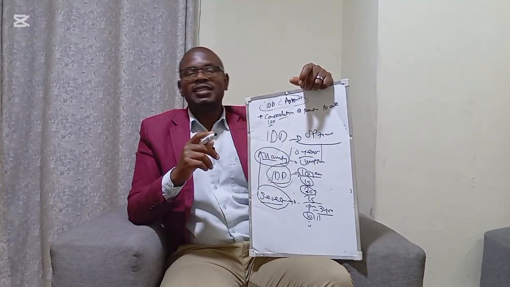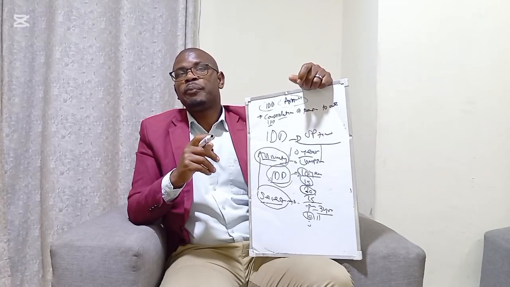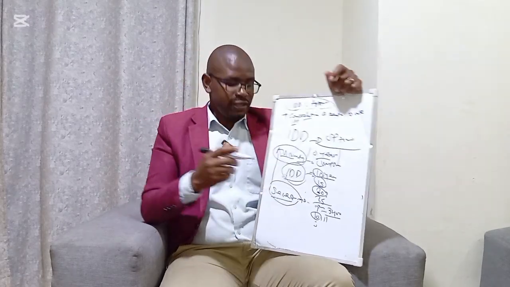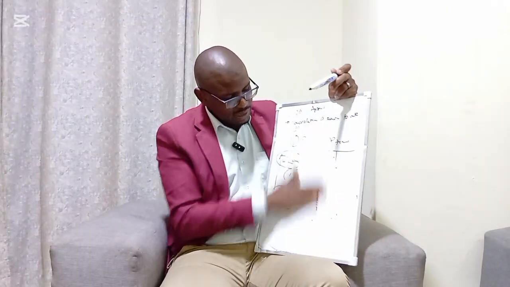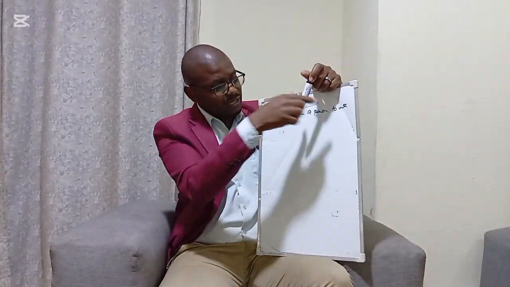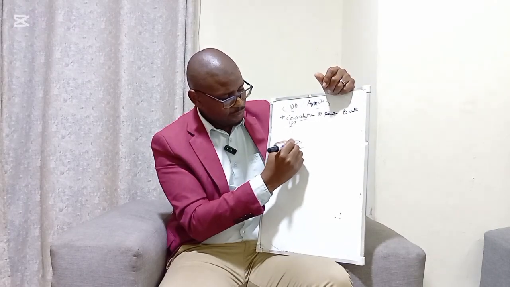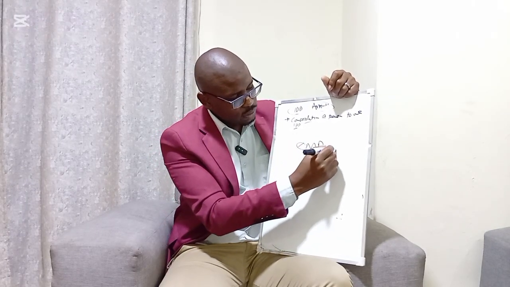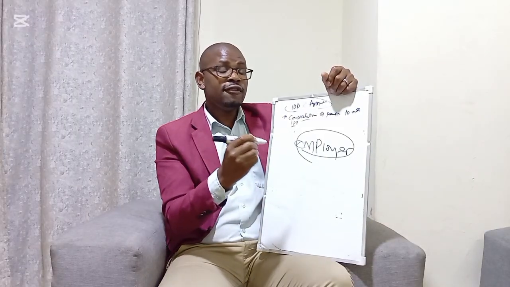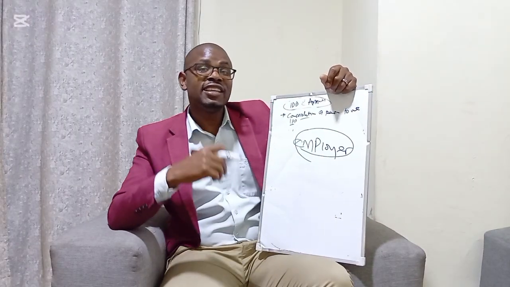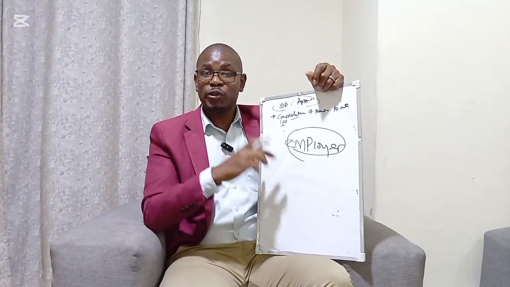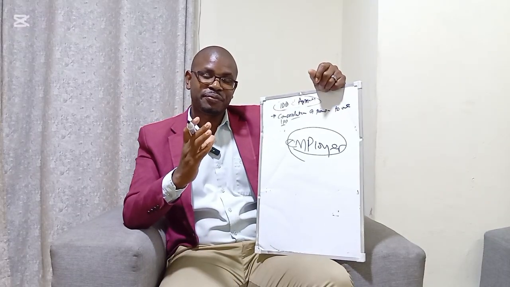And provident fund is the opposite of pension scheme. So basically, this is your employer. If he wants to encourage his members of staff, he can choose to give them what we call pension.